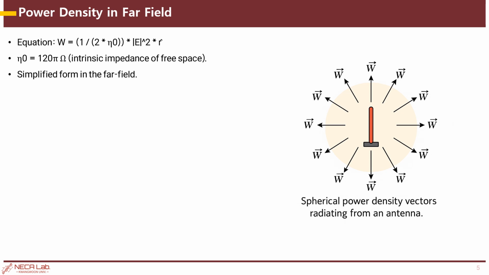Notice that in this region, the power density points radially outward from the antenna, forming spherical wavefronts. And the diagram illustrates this concept. Each arrow represents the Poynting vector, indicating how power spreads uniformly in all directions. Understanding this helps us quantify how an antenna radiates energy into space.